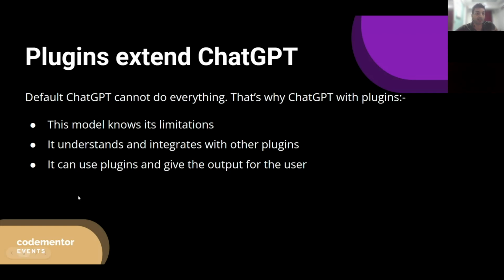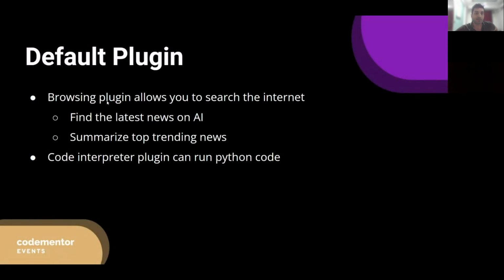If you look at some examples of this, we have a few default plugins that OpenAI itself has created. One is the browsing plugin, which allows you to search the internet. Using this, you'll be able to find the latest news on AI, maybe summarize the top trending news, or whatever info you want ChatGPT to search on the internet.